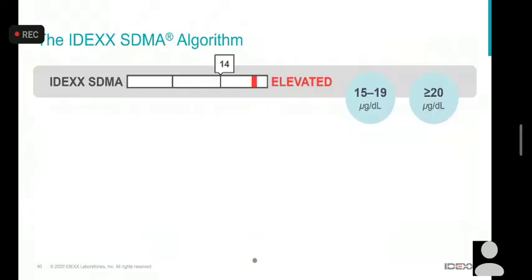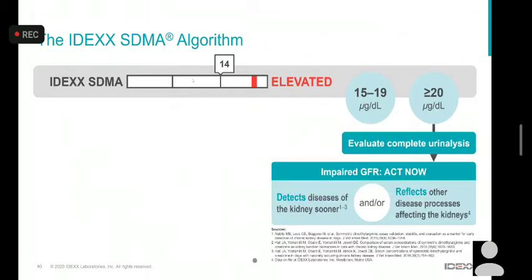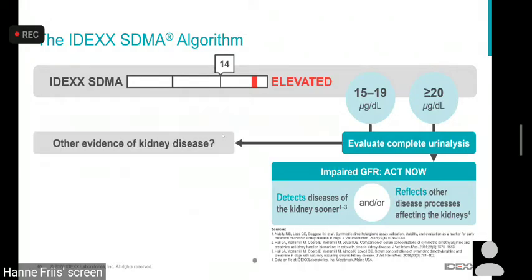So we've tried to develop some algorithms to help people on what to do next when you see these, and really split it into a mild and a marked increase in SDMA. Regardless of whether it's mild or marked, step number 2 is always to evaluate the complete urinalysis. If it really is high, let's say over 20, it's definitely something happening here.